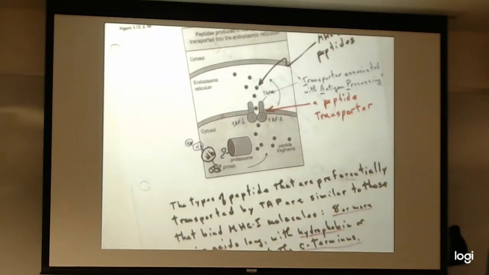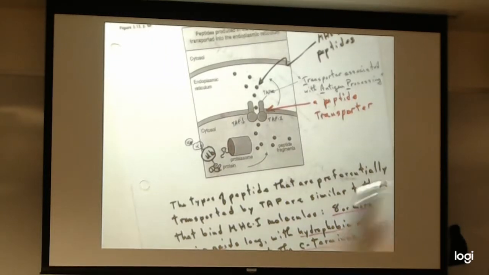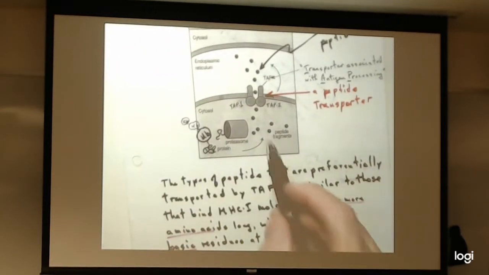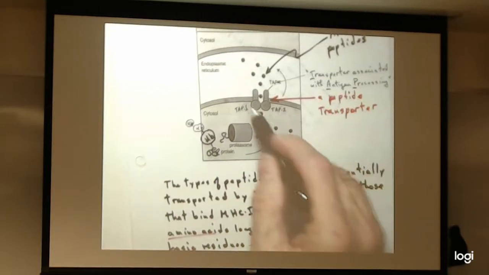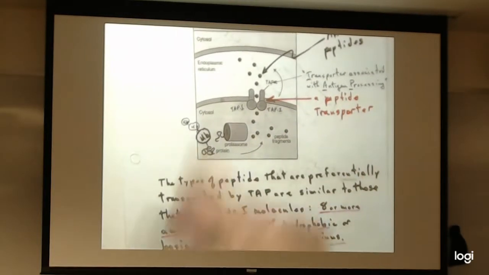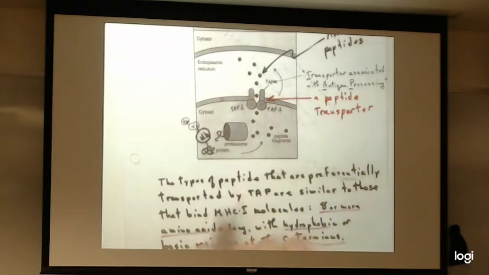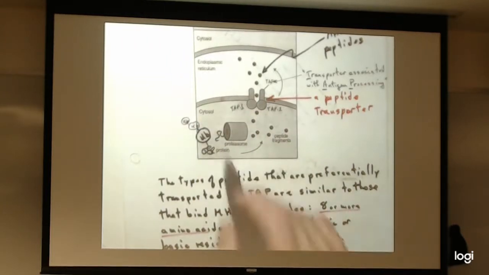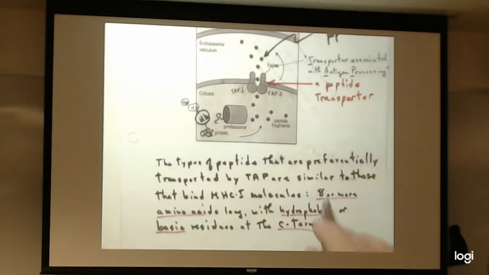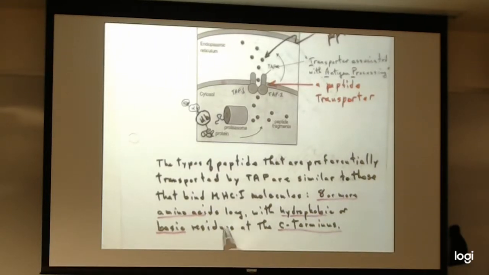It's one thing to have a sugar transporter, that's a small molecule, but we've got a transporter that will bind a big peptide and move that across the membrane. This TAP transporter will bring a wide variety of peptides, but it somewhat preferentially prefers peptides that are 8 to 10 amino acids long, so that they'll bind to the class 1 molecules.